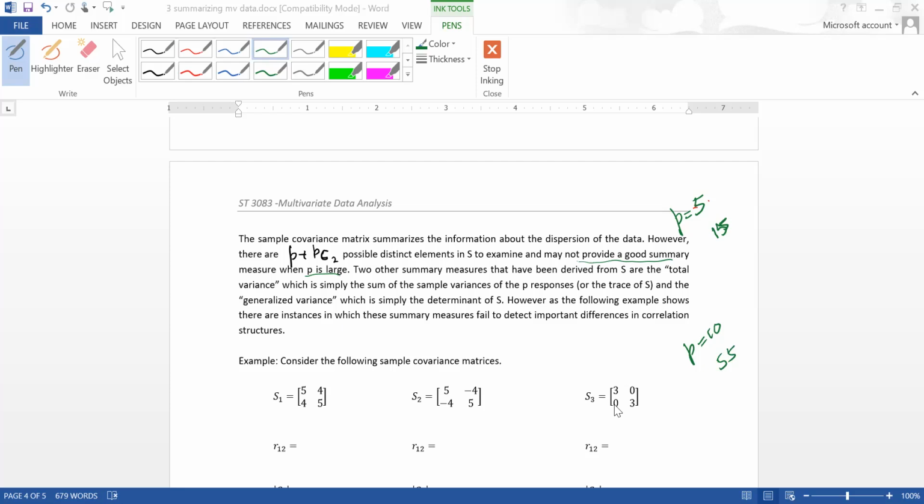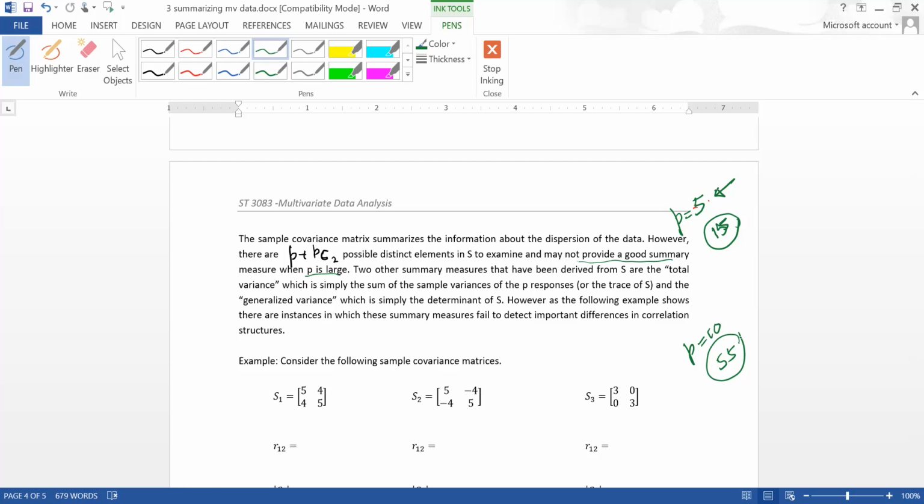So you can see when p is large, we have a large number of summary values. Even for a small p, when p equals 5, we have 15 different measures in our variance covariance matrix. So it's not going to be a good summary measure, especially for a larger number of responses. If p equals 10, there would be 55 distinct elements in your summary measure.